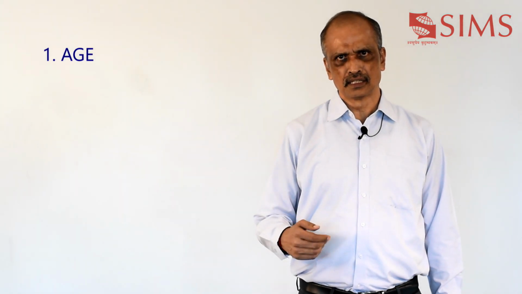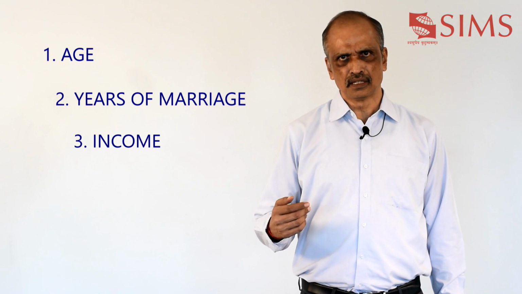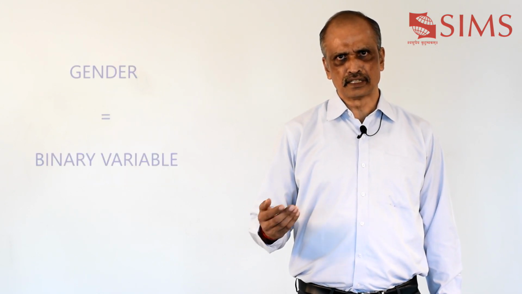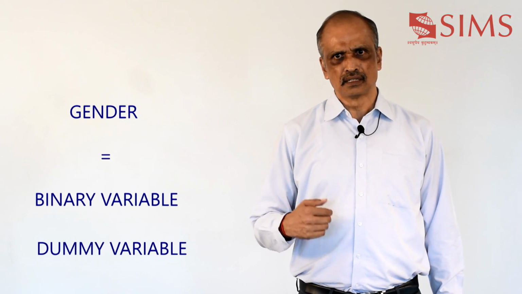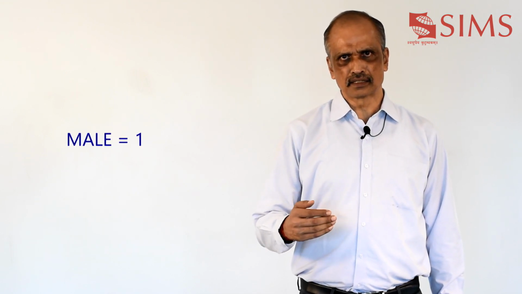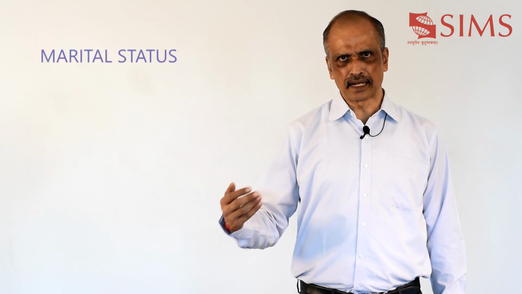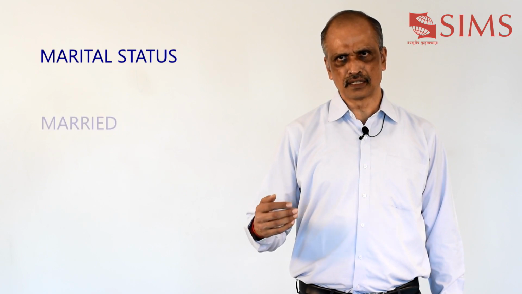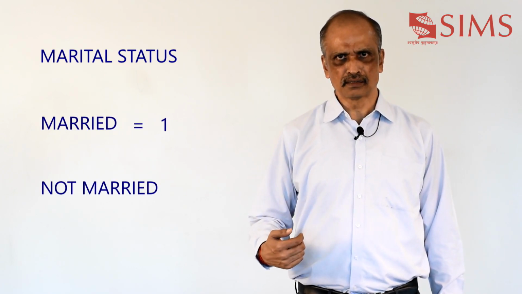Let us say the independent variables are age, number of years married, disposable income, and gender. Gender will become a binary or dummy variable where male gets coded as 1 and female gets coded as 0. Similarly, if we take marital status, then we can code it as married as 1 and not married as 0.